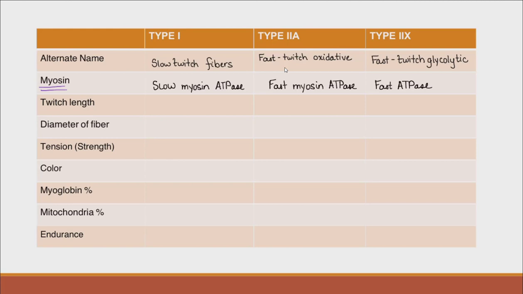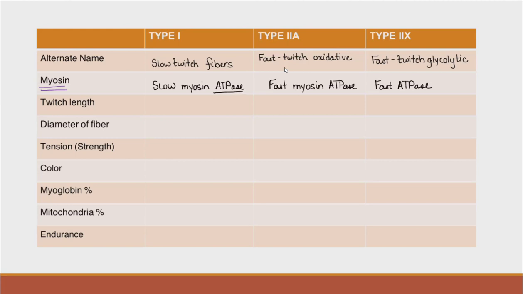And notice I'm calling myosin ATPase. And that is because myosin is capable of grabbing ATP and splitting it into ADP and phosphate. And so any protein that is capable of running that chemical reaction where you grab ATP and you break it apart can also be called an ATPase.